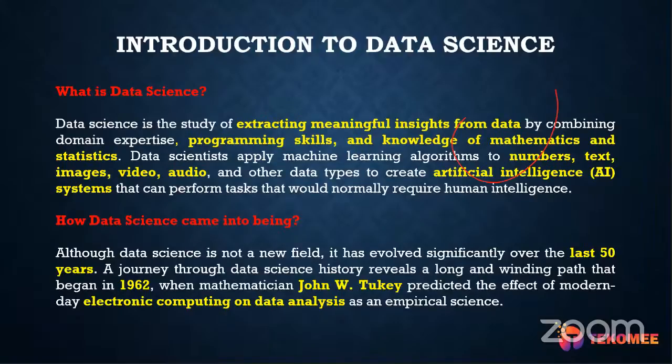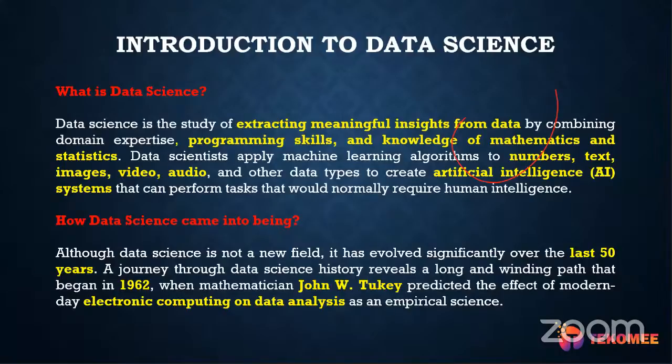It was not a new field, definitely, because people used to work in other segments of data science. Over the last 10 years, the terms data science, data scientist, data analyst and business analyst have come out. But this field is not new.